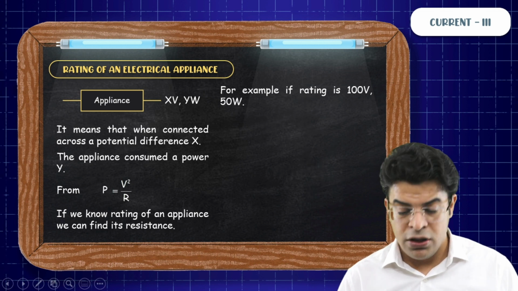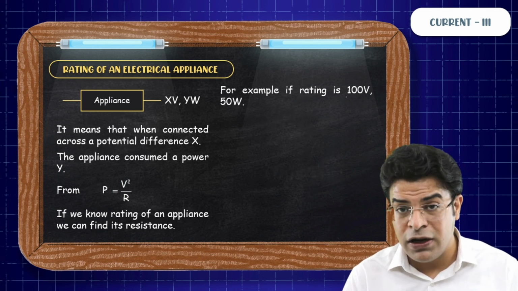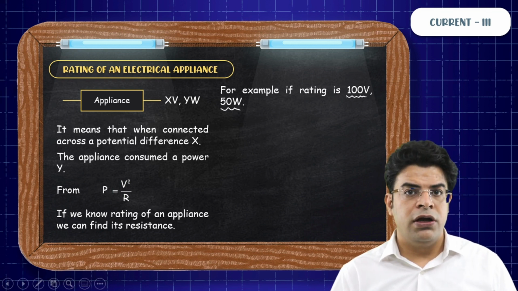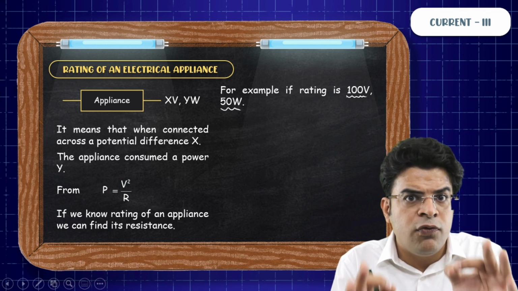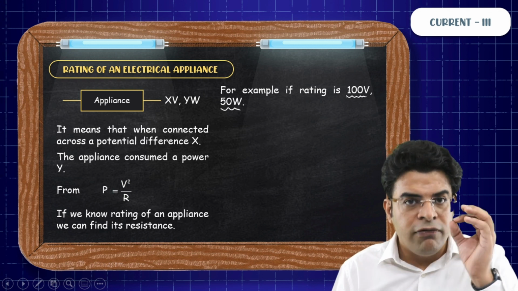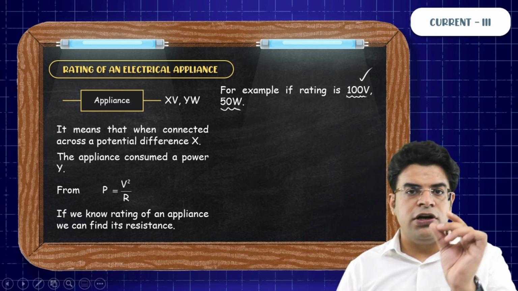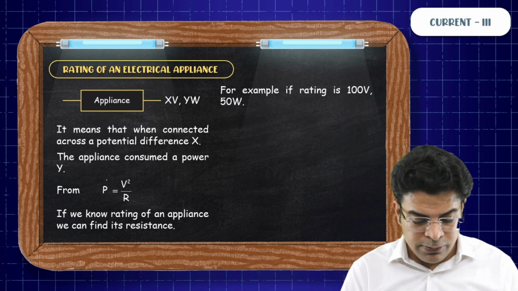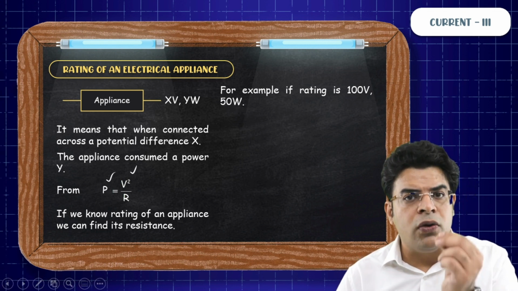So if we know the rating of an appliance, we can find the resistance using R equals X square by Y. For example, you have an appliance in your house rated 100 volt and 50 watt. What does this mean? When connected across a potential drop of 100 volt, it will consume 50 watt. Now using power equals V square by R, you can find the resistance.